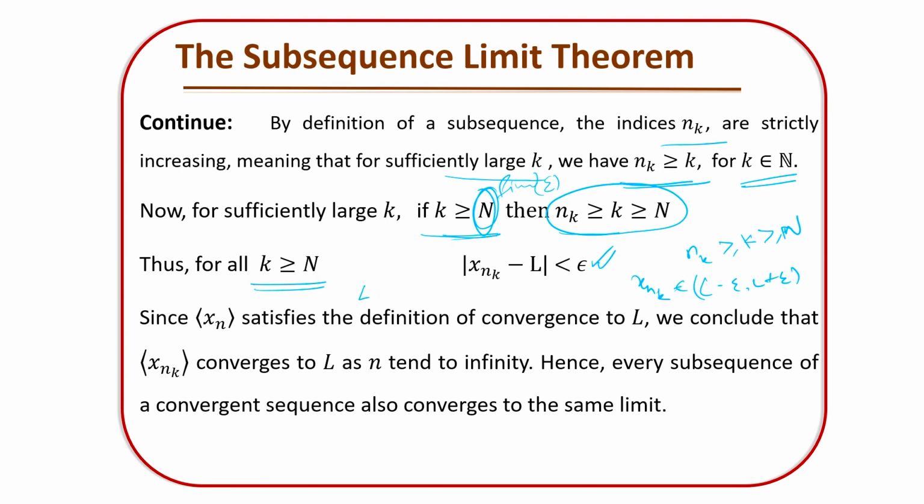And this happens for every k greater than the fixed natural number capital N. So since xn satisfies the definition of convergence of a sequence, we conclude that xnk converges to the limit point capital L as k tends to infinity. Hence every subsequence of a convergent sequence also converges to the same limit point capital L, right? That is what the theorem says, and we have proved it analytically.